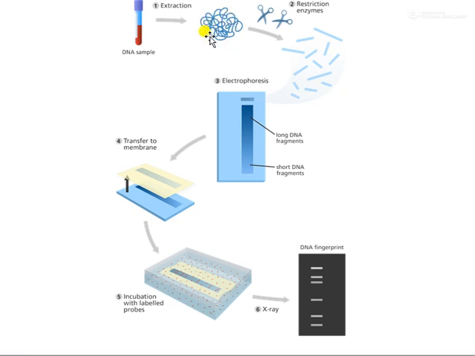After extracting it, that DNA is cut using restriction enzymes. What are restriction enzymes? These are enzymes which cut the DNA at specific recognition sequences. Once you cut the DNA into small fragments, they are separated from each other by electrophoresis based upon size.